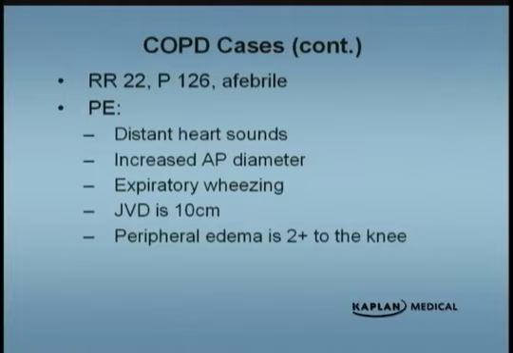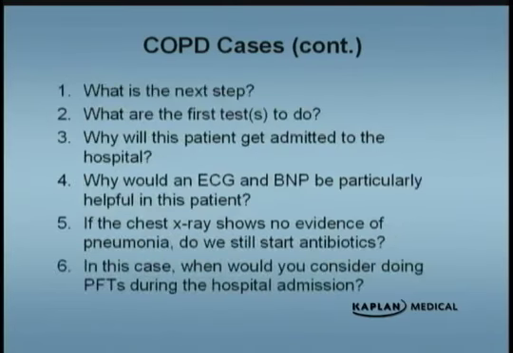Now, listen to this. I'm going to go back a slide here. Look at this. His JVD is 10 centimeters here, okay? Now, this is important because you say, wait a second, maybe he's got cor pulmonale, maybe he has congestive heart failure from something else. He has hyperlipidemia, he has hypertension. So one of the first tests to do after you do the ABG, after you do your X-ray, is to do a BNP.